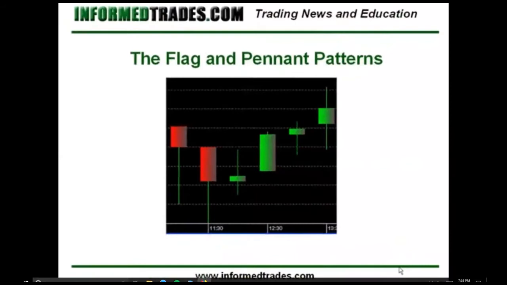Okay, so flags and pennants are generally seen after a big move in one direction in a financial instrument, and represent brief consolidations or pauses in the market before a resumption of the trend in which they occurred. The flag and pennant patterns both contain a flagpole, which is represented by the sharp upward or downward move which sets up the consolidation.